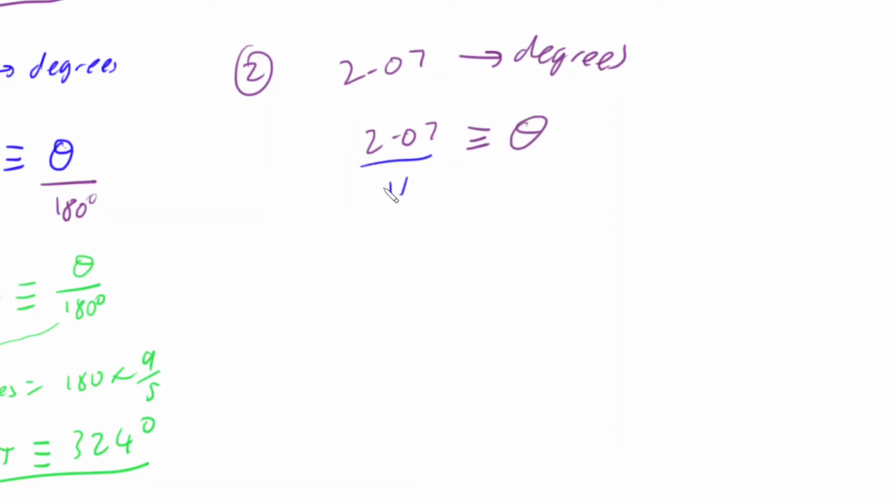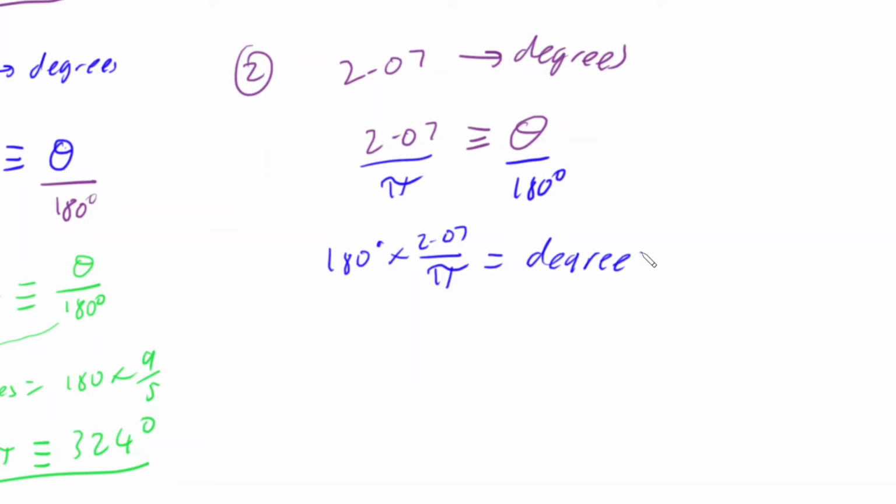If I divide by pi and divide by 180 degrees, all I've got to do is take my 180 degrees multiplied by 2.07 over pi. That's how many degrees this angle of 2.07 radians is equivalent to.